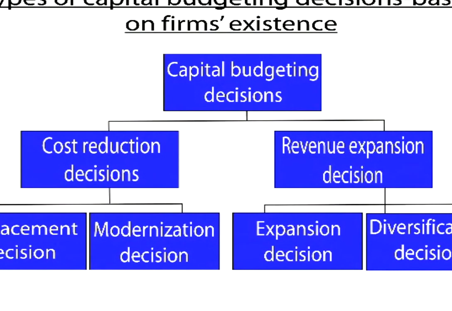This is called modernization. Now we will learn about revenue expansion decisions. First one is expansion. Expansion means to add capacity to existing product line or to meet increased demands, to improve production facilities and to increase market share of existing products.